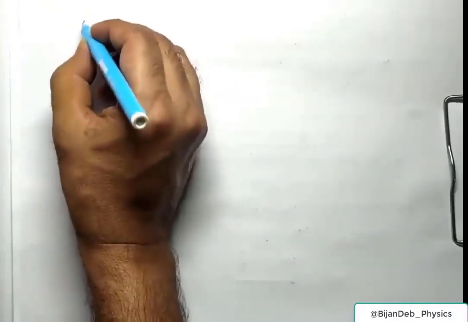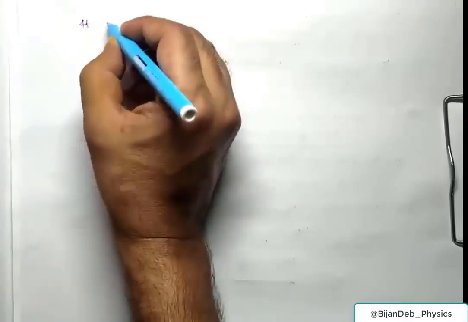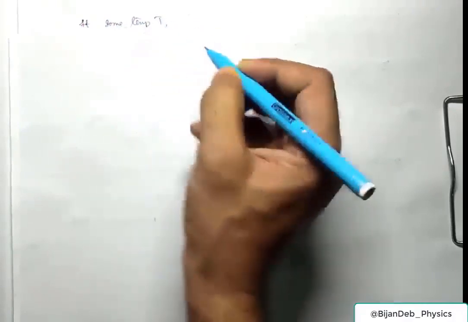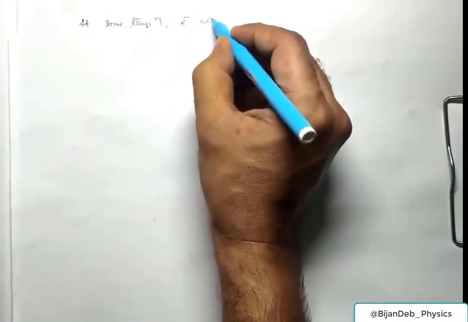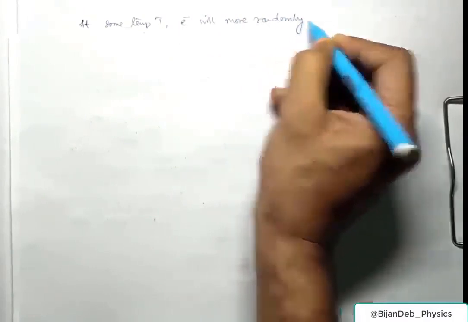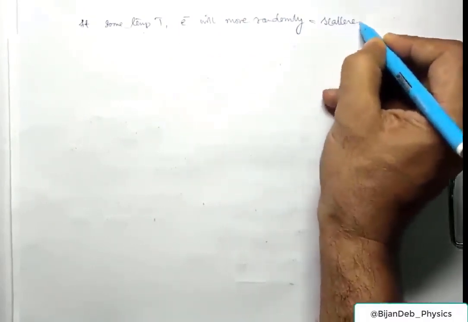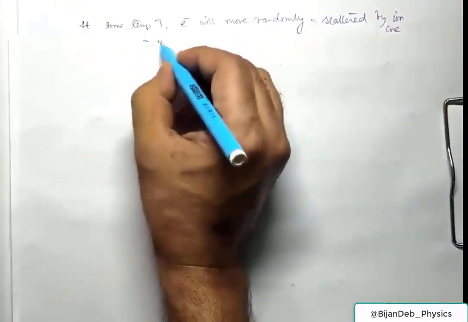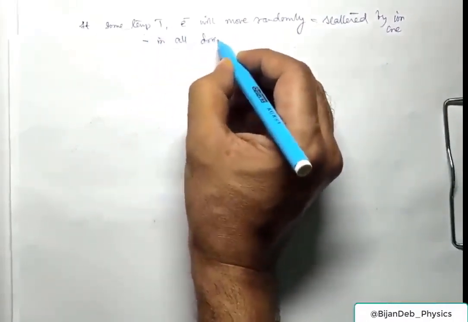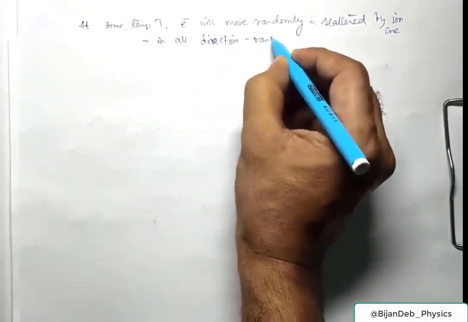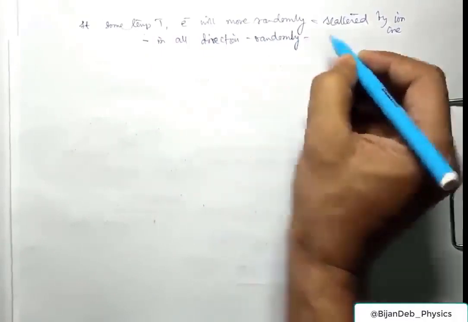Now at some temperature T, electron will move randomly and will get scattered by ion cores in all directions, randomly and uniformly.